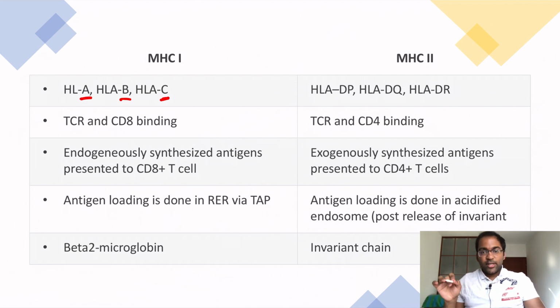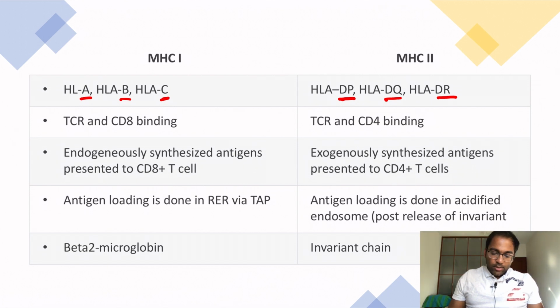MHC 2 stands for 2 alphabets. Simple, right? So we have HLA-DP, HLA-DQ, and also HLA-DR. So now I hope you can easily distinguish between the 1 alphabet and the 2 alphabet, meaning you can easily differentiate if this molecule belongs to MHC class 1 or MHC class 2.